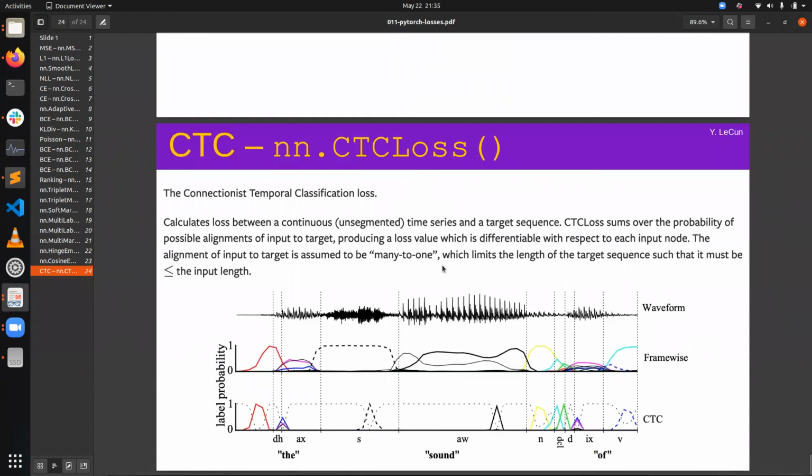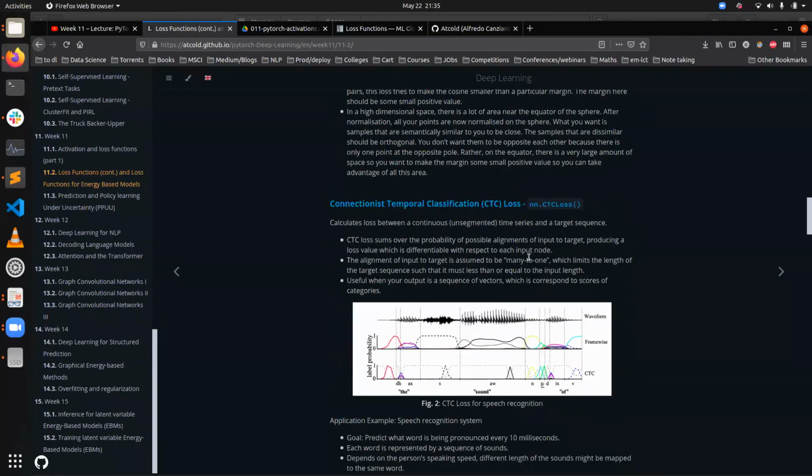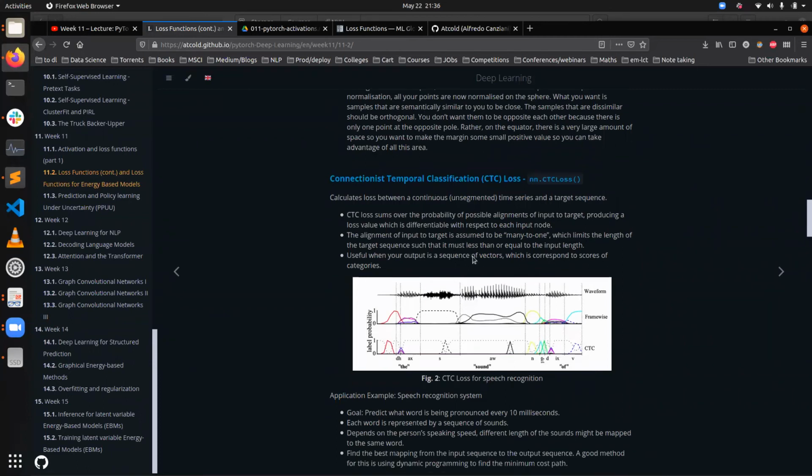CTC loss. This was slightly complicated, and he took a bunch of time explaining that. The example that he gave in the lecture was speech recognition. So in speech recognition your output is a sequence of vectors of scores.